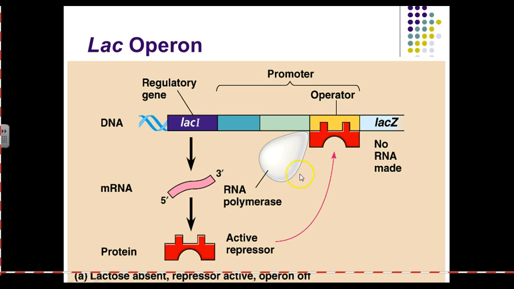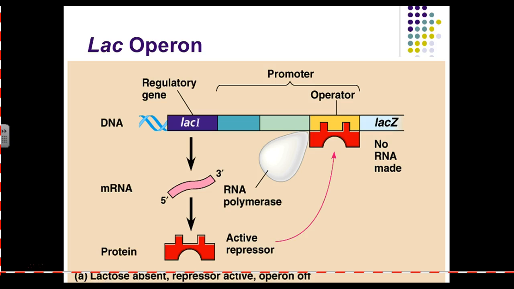See how the shapes match up? Without anything attached to it, the repressor all by itself fits into the operator gene and all by itself can block the passageway of the enzyme RNA polymerase. Since it cannot get by this blockage, the enzyme cannot get down to these structural genes to actually produce the enzyme beta-galactosidase.